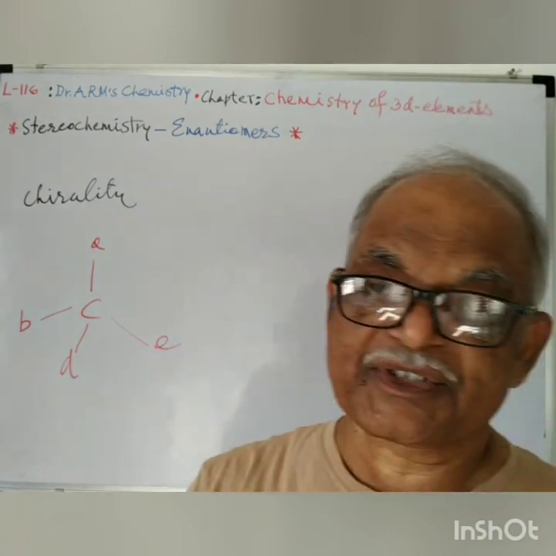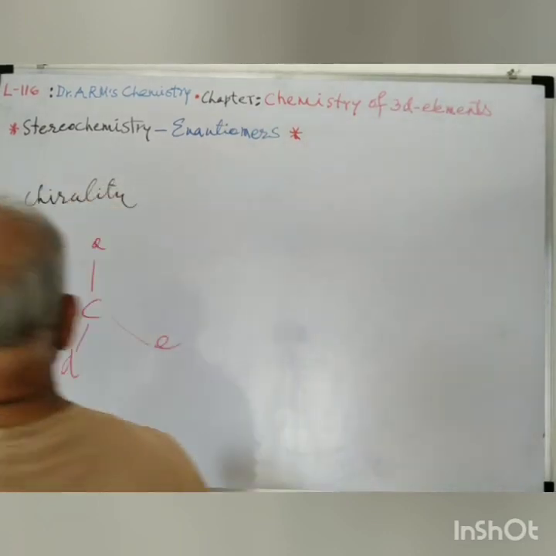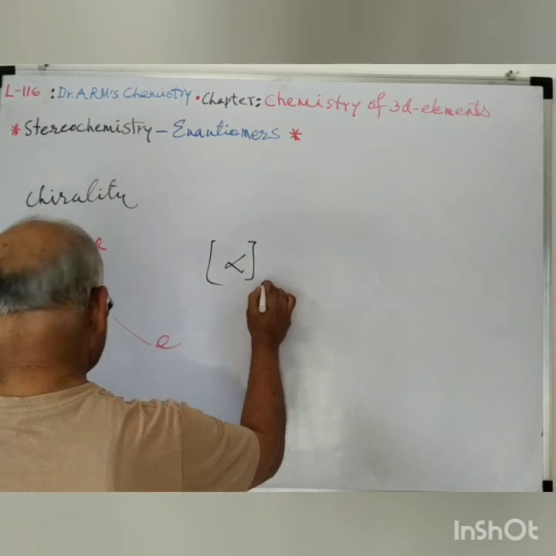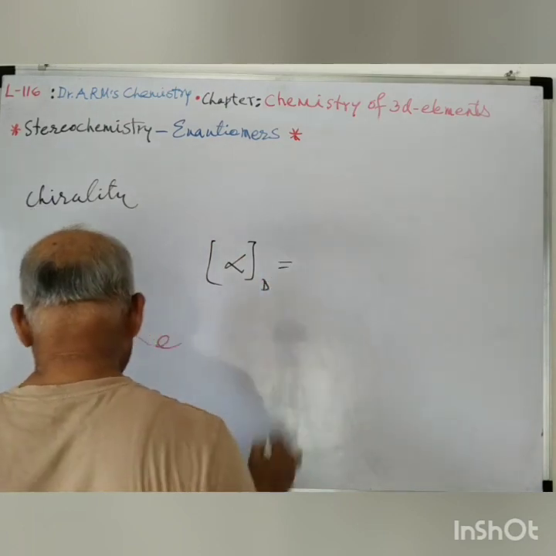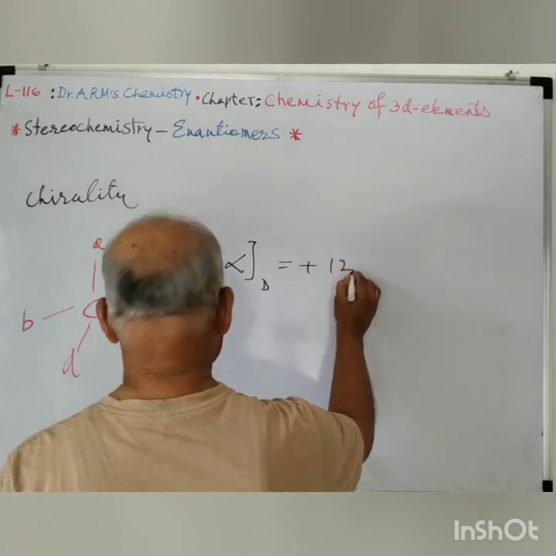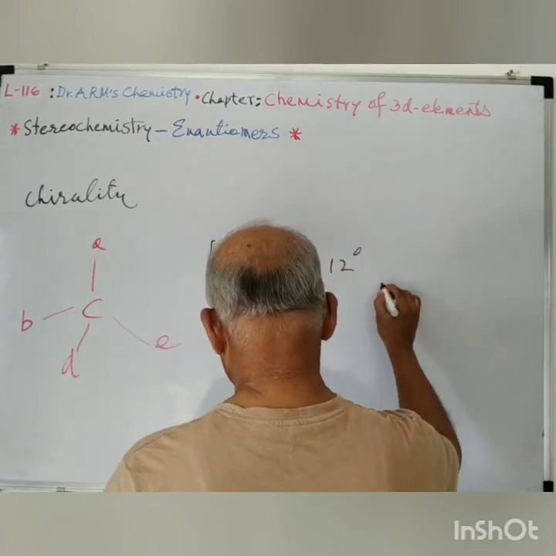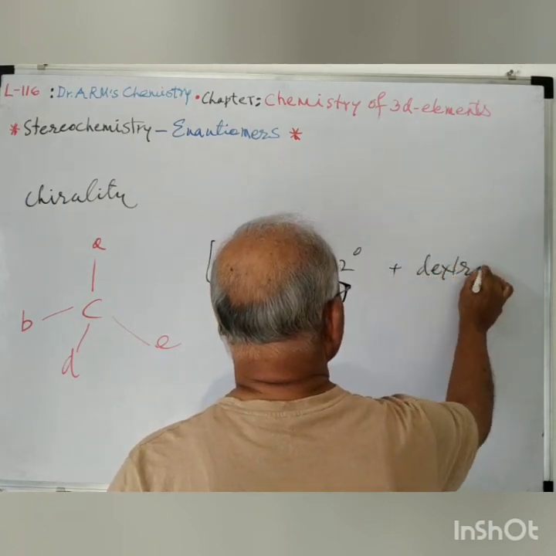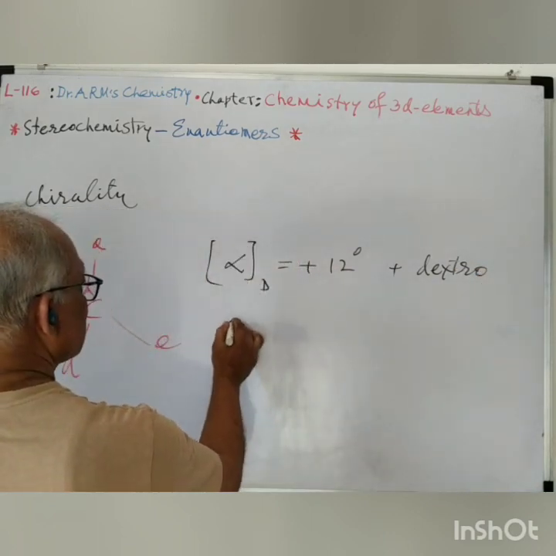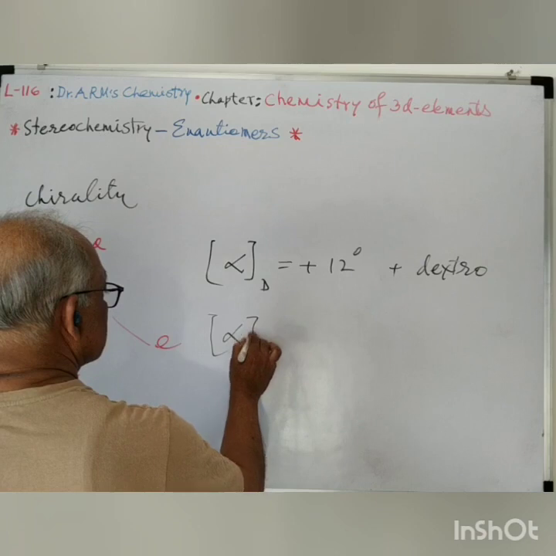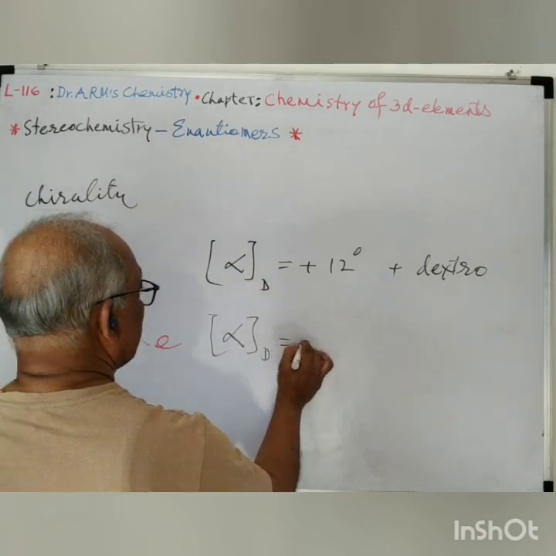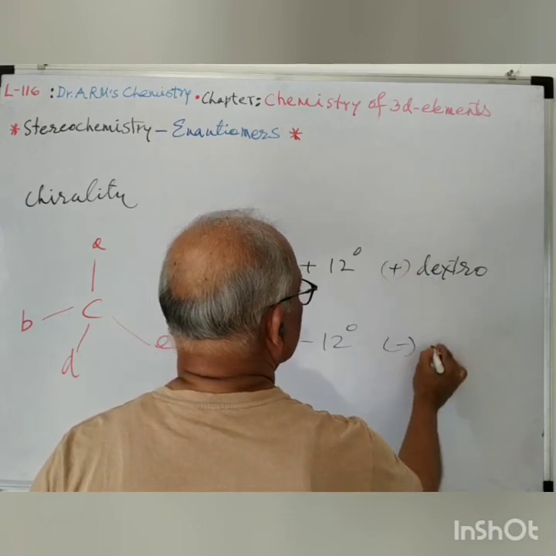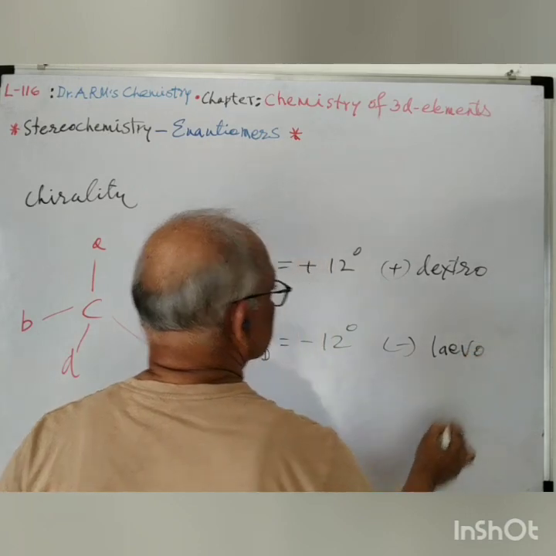These isomers have a specific angle of rotation, called alpha D. When it is plus 12 degrees, it is called plus or dextrorotatory. When the specific angle of rotation is minus 12 degrees, it is called minus or levorotatory.